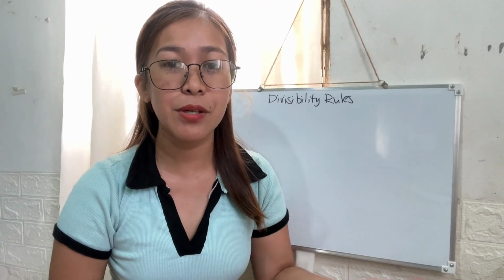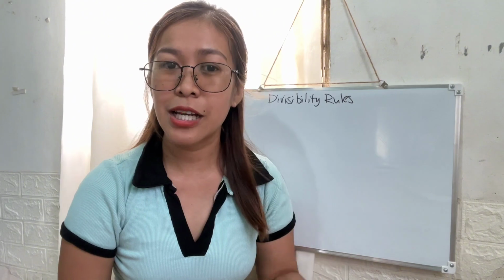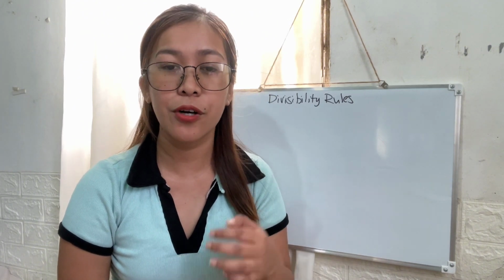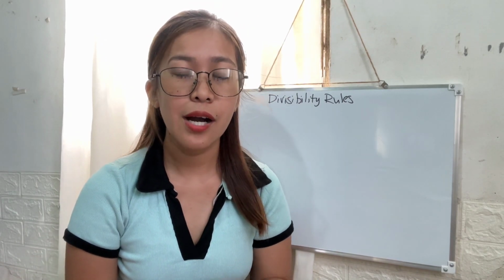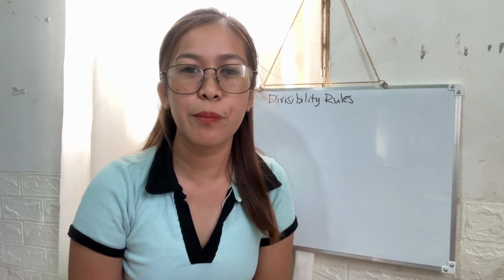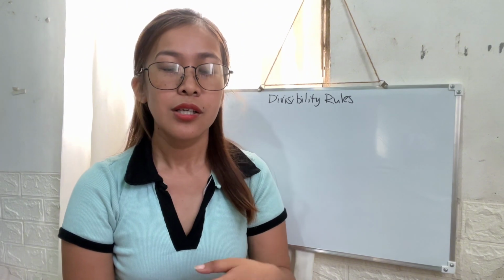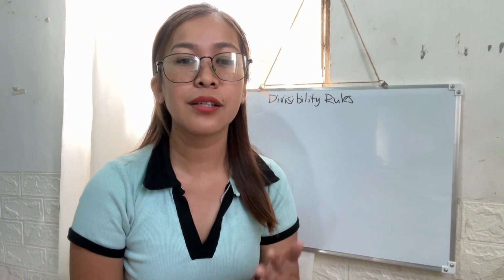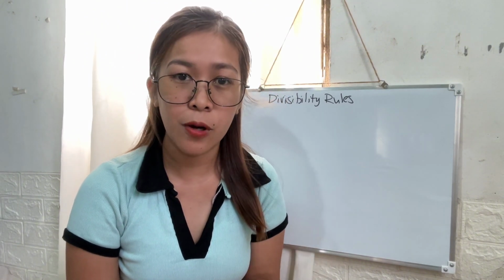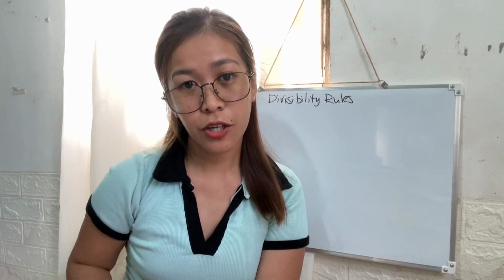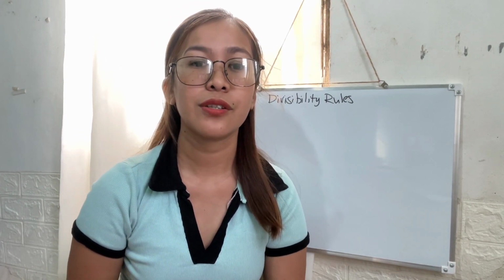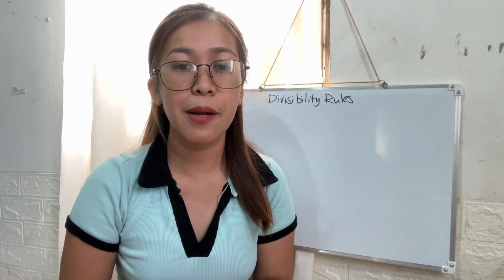Or kahit isipin mo lang, kahit tingnan mo lang, basta alam mo yung rules, masasagutan mo yan or malalaman mo kung divisible ba. So, ano nga ba ang ibig sabihin ng divisible or ng divisibility? Kasi kanina ko pang binabanggit yung divisible. Para sa mga hindi pa nakakaalam, ang divisibility or ang divisible is an ability of a number to be divided by another number without leftover or without remainder.